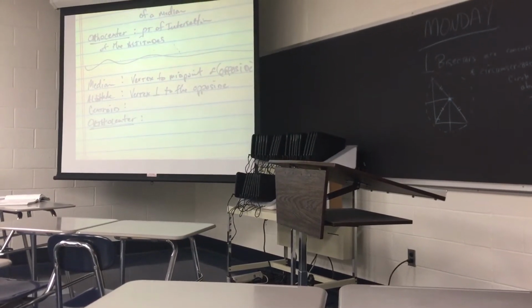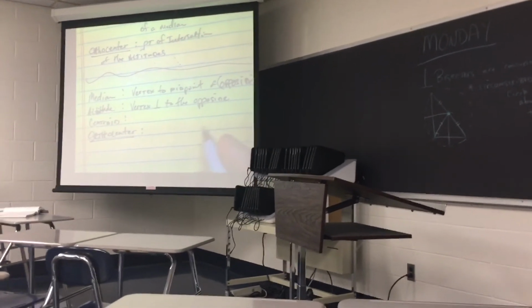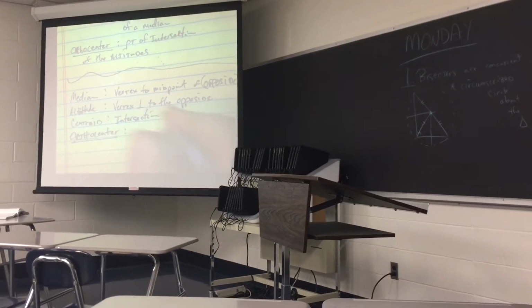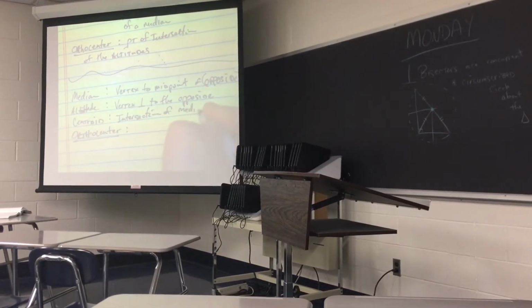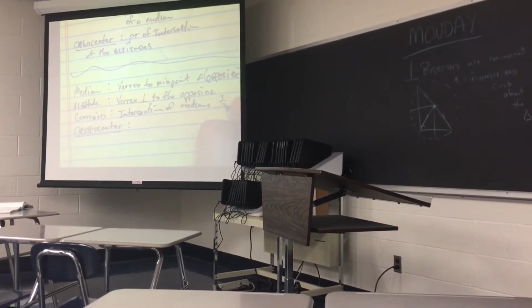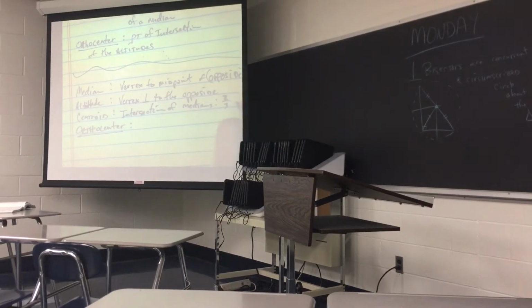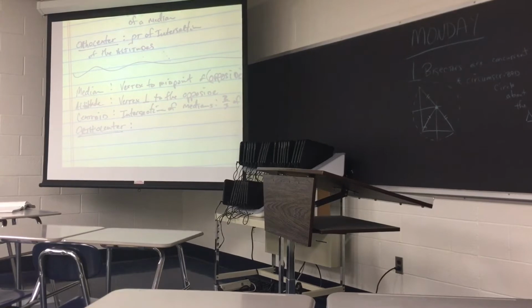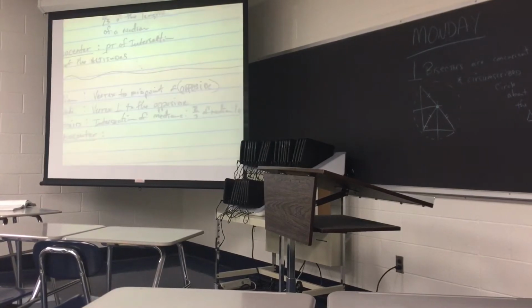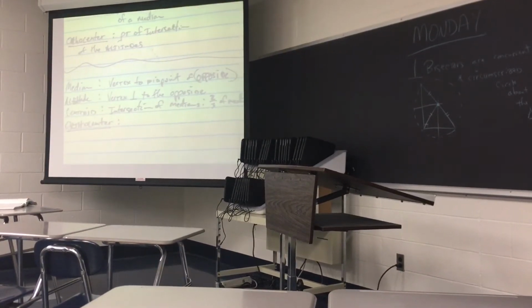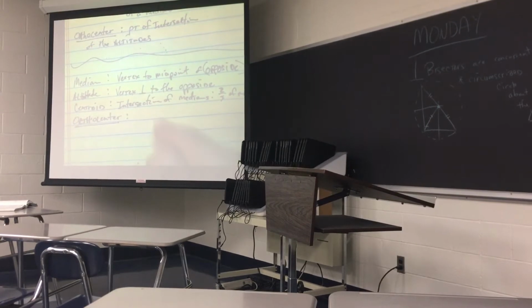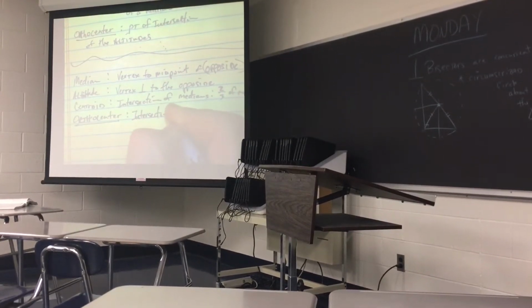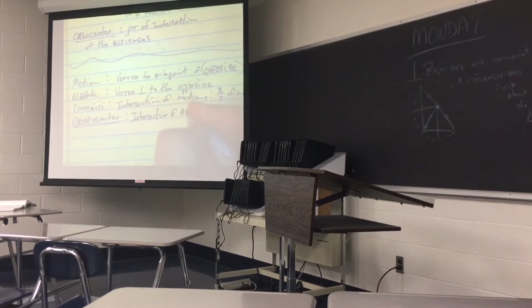All right? And then centroid is the intersection of medians, and it's 2/3 of median length. The orthocenter is the intersection of altitudes.